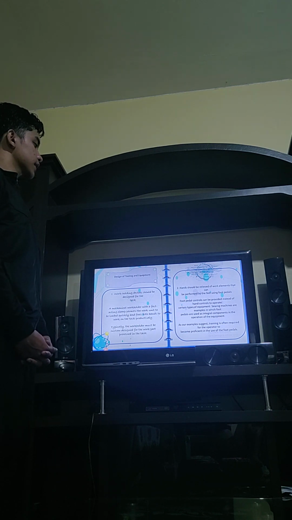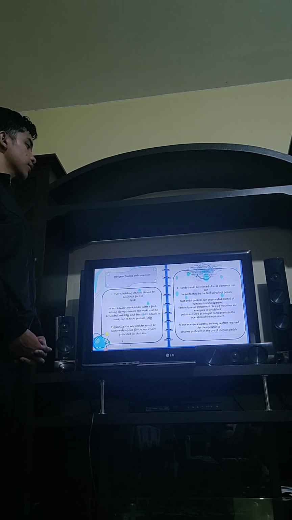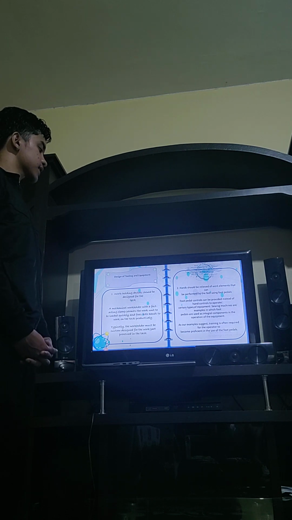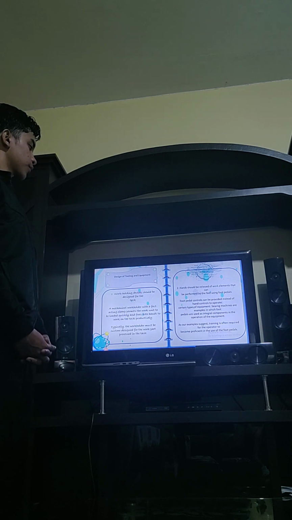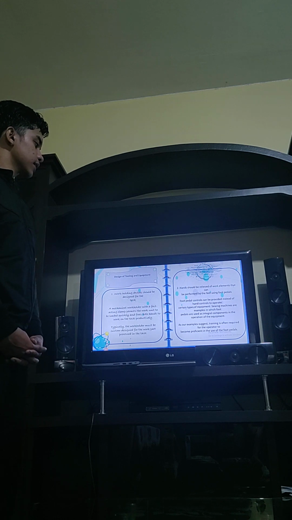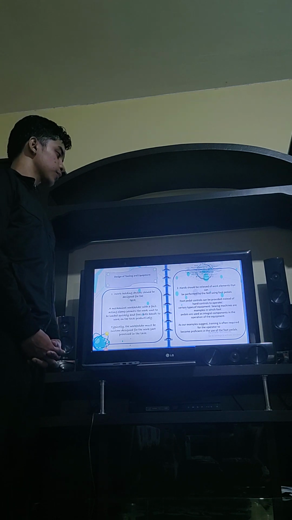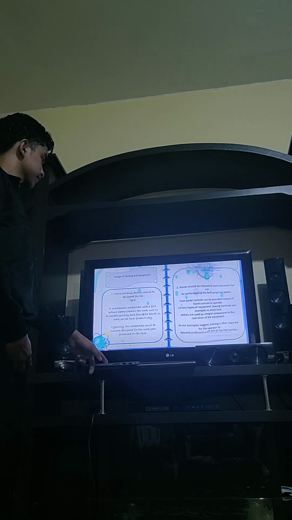Sewing machines are an example in which foot pedals are used as integral components in the operation of the equipment. As our example suggests, training is often required for the operator to become proficient in the use of the foot pedals.